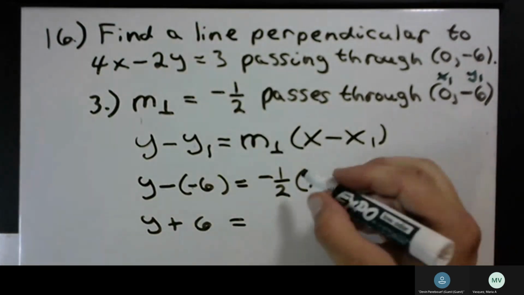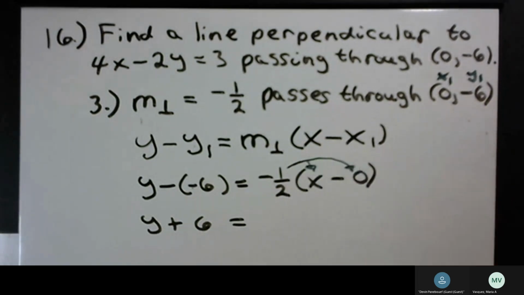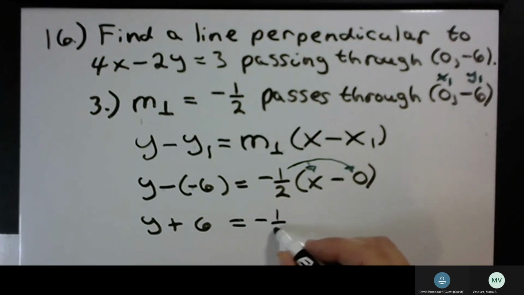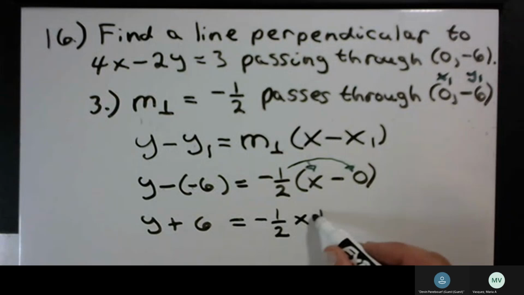We distribute the -1/2. Well, negative and negative is a positive, but 1/2 times 0 is 0.